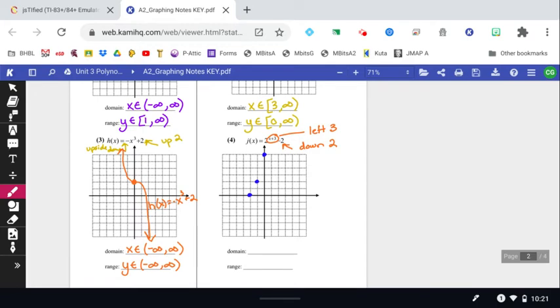And let's get another one over here. We've got negative 2. Let's see, negative 3, negative 1. All right, that'll give us a nice picture of that. All right, so we now have our graph looking like this. So I've got j of x equals 2 to the x plus 3 minus 2.